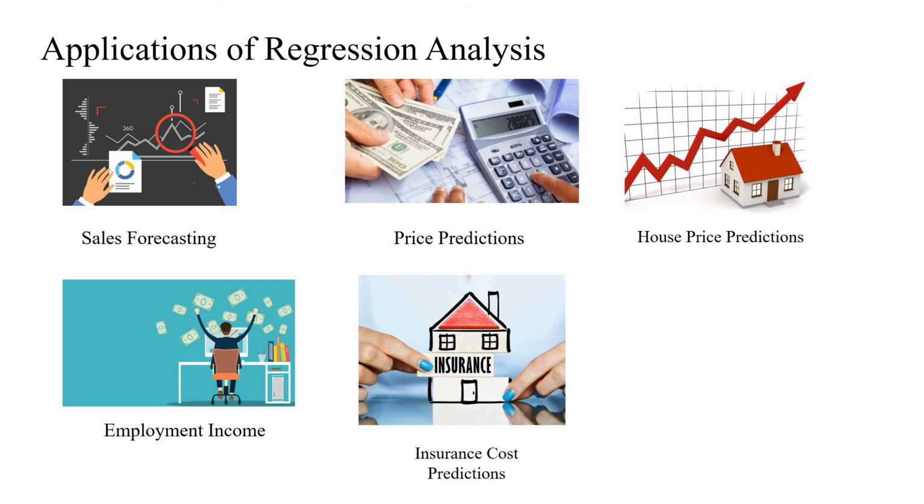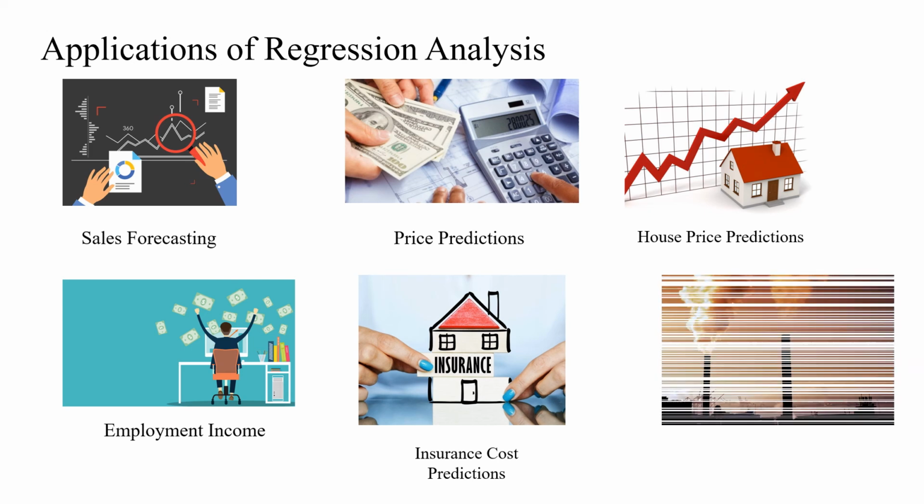Even calculation of insurance premium can be done using regression analysis. Like if you're taking a health insurance, then whether you're a smoker or not, whether you drink or not, your different health factors, all these things are put together and then your premium is calculated. All these things are done using regression analysis.